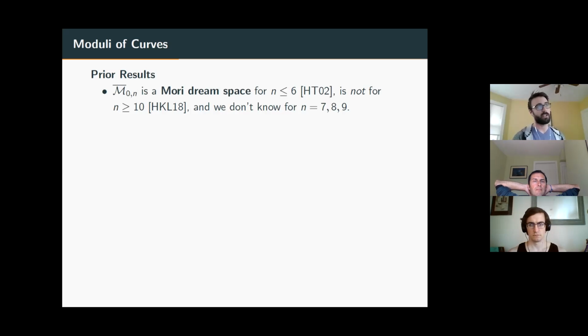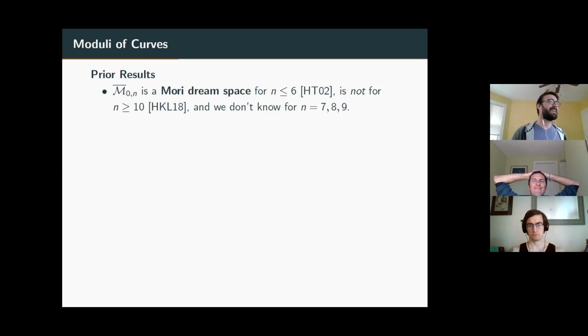It's explicitly known not to be a Mori dream space for n at least 10, which the fun fact there is it was first proven for n at least 134. And then it was taken down to 13, and then finally, not finally because we're not done, but more recently down to 10. And we don't know for 7, 8, and 9, which is remarkable that we don't know something about M_0,7. Like, that's crazy, right?